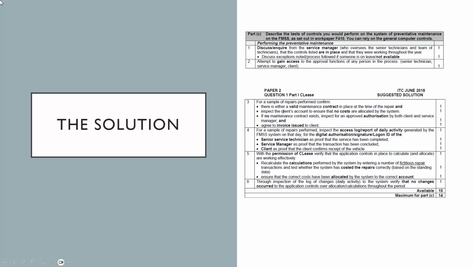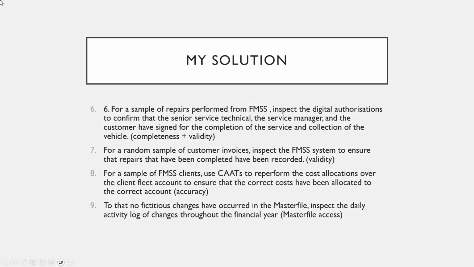You re-perform using CATS, computer-assisted auditing techniques, the calculations performed by the system by entering a number of fictitious repair transactions and test whether these have been allocated or costed correctly and ensure that the correct costs have been allocated to the correct account. I had something along those lines here.